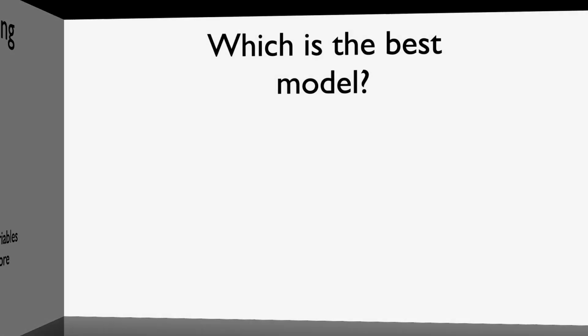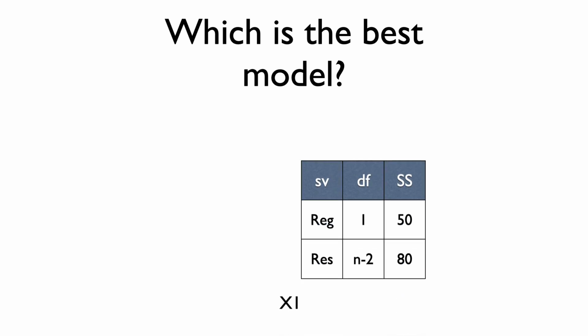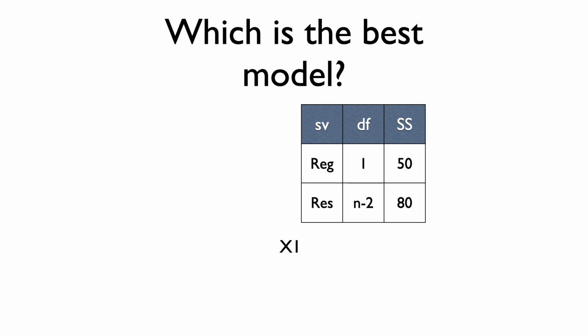Okay. So here's a question that you might get asked on the final exam. It'll be a little more involved than this, but not that much more. Which one of these is the best model? This is a model with just x1 in the model. There's just one predictor variable, and it's x1. And here are the values for the sum of squares for regression and residual.